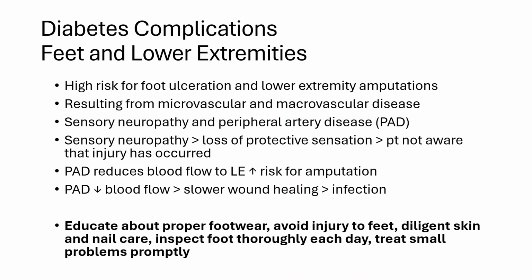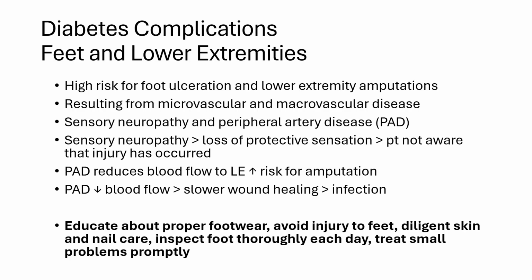So feet and lower extremities, there is a high risk that patients will have ulcers on their feet and lower extremities. And because the wounds are not able to heal, they end up getting infected and they become necrotic and gangrenous. And we end up having to start with amputations.